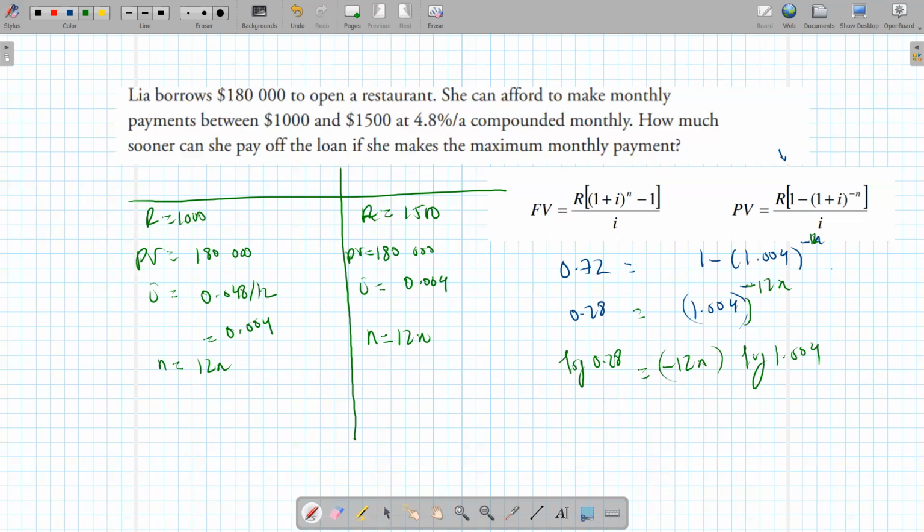So log of 0.28 divided by log of 1.004, and whatever you get, you divide by negative 12. So you get n is 26.57 years.